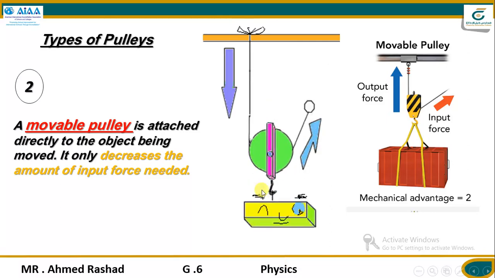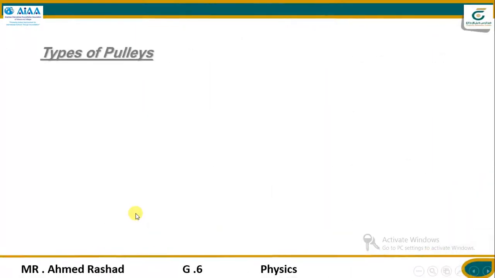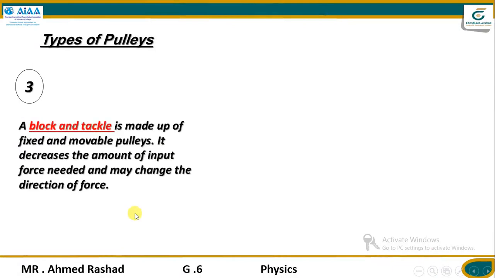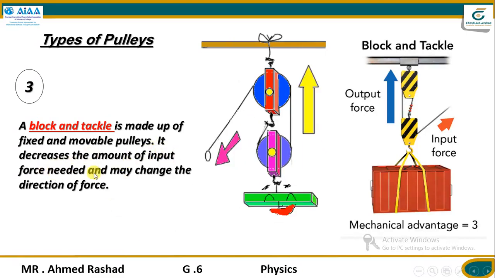Excellent. Now we can go to point number 3, which is about the block and tackle, which decreases the amount of input force needed and may change the direction of force.